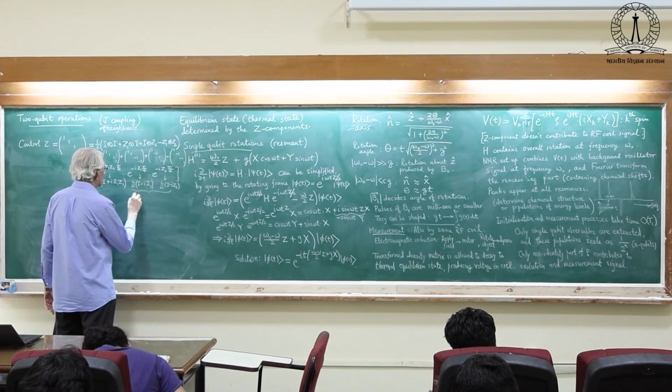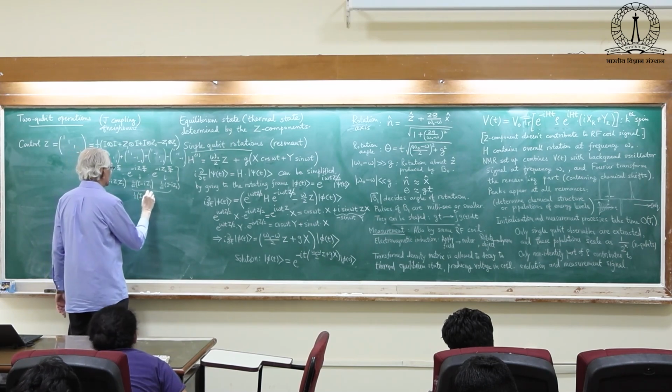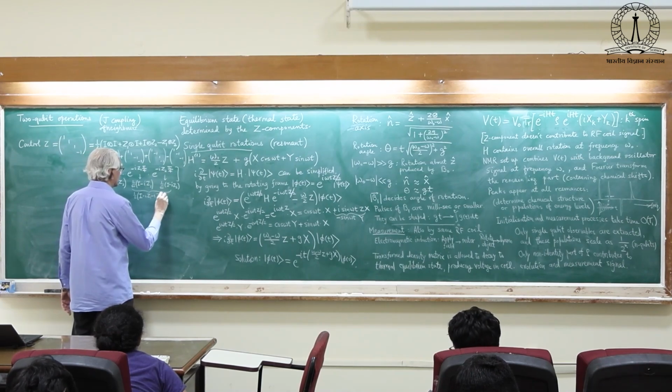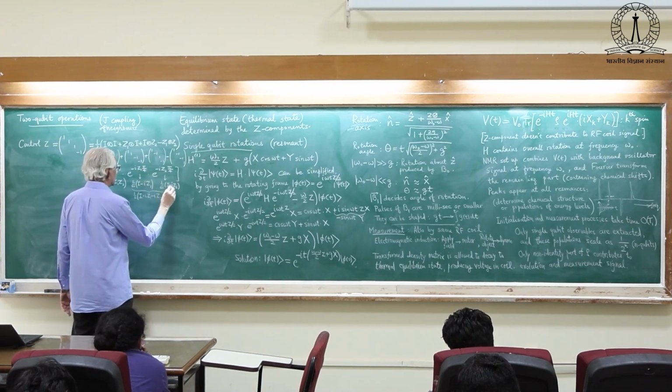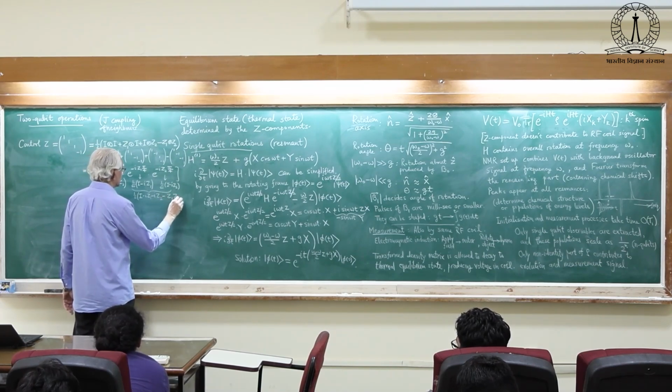this is half. There is an identity minus I Z1 minus I Z2 minus I and I square. So yeah, minus Z1 Z2.